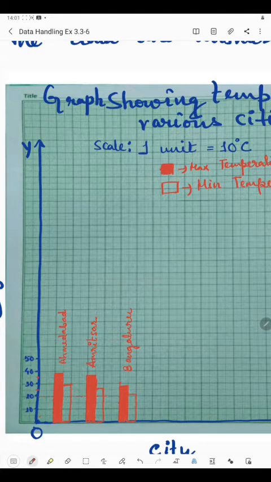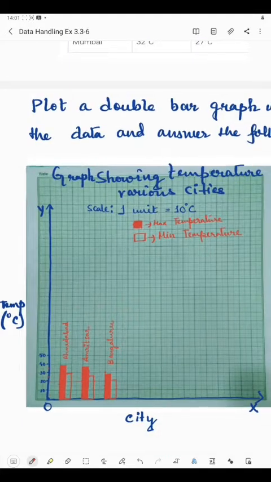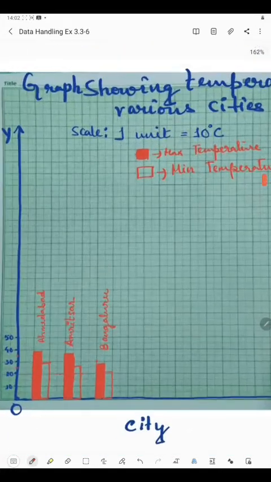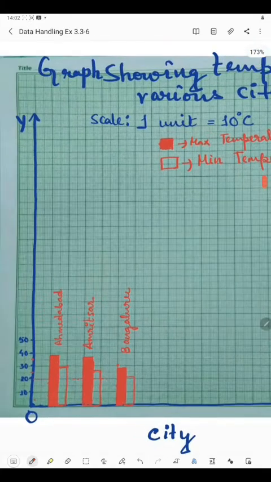Okay, now next we have Chennai, 36 degrees Celsius. Maximum temperature in Chennai is 36 and minimum is 27. So 36. Now where is 35? See, in between 30 and 40 is 35. That means it is here.